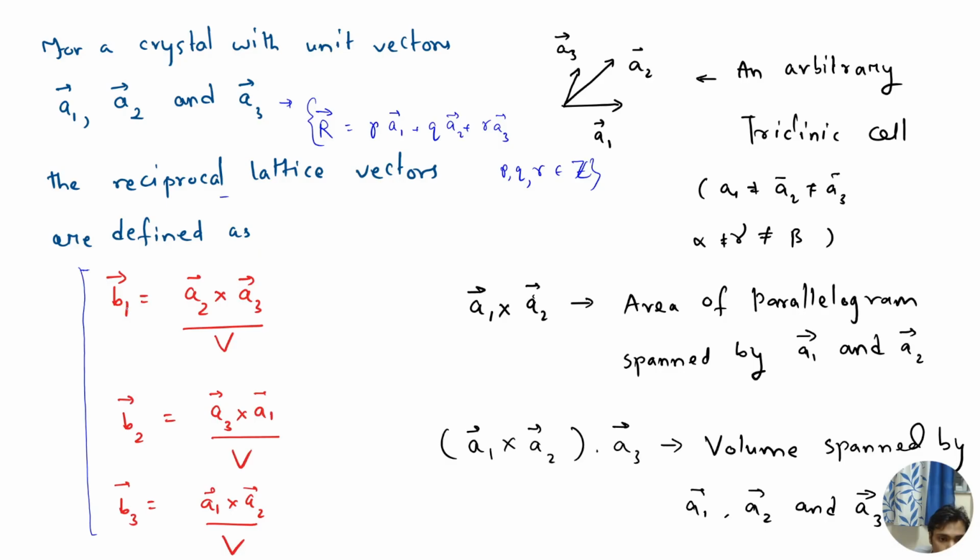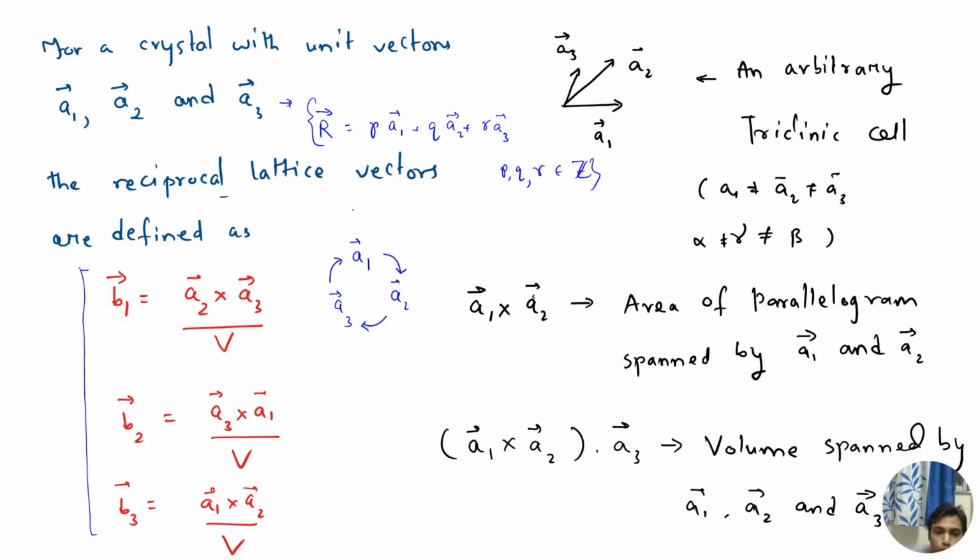When we talk about b1, it is a2 cross a3 divided by a volume V. We'll see what this volume V is. For b2, we take the cross product a3 cross a1. The way to remember this is to think of a1, a2, a3 as a cycle.